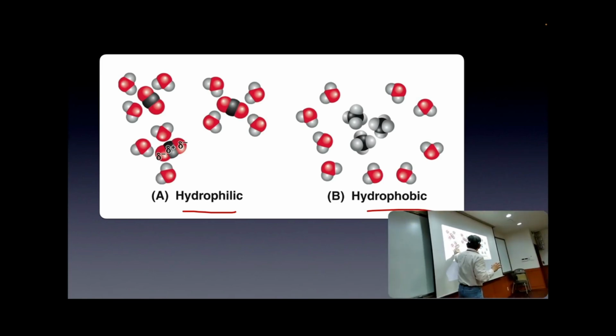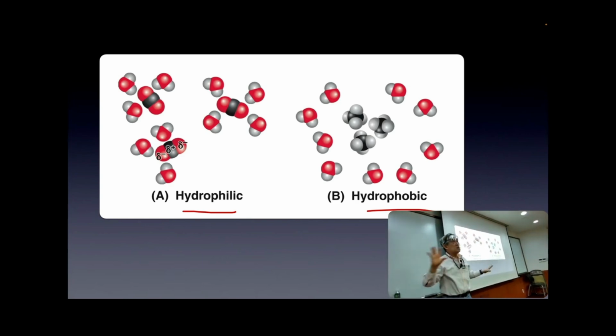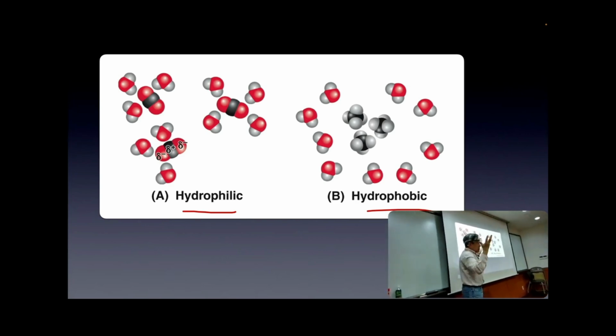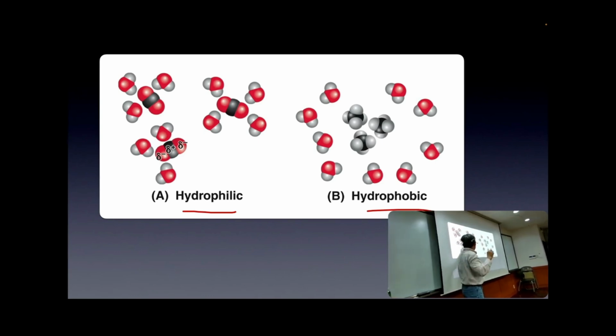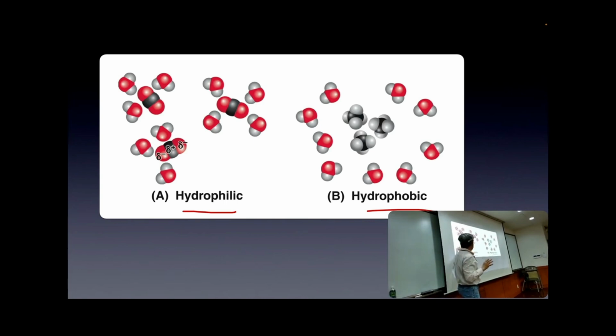Instead, hydrophilic molecules will easily, freely dissolve. When you say something is dissolved, that means they are covered up. Each of the surfaces is covered with water. That's how we describe it.